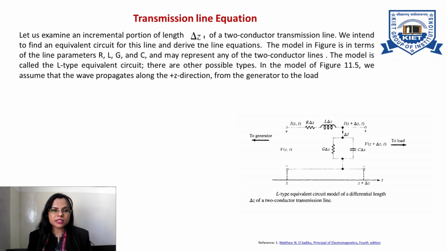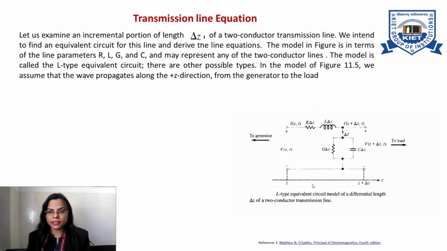The model is called the L type equivalent circuit. There are other possible types of the model. We assume that the wave propagates along the plus z direction from the generator to the load. So, here I am taking the equivalent circuit of the transmission line in the direction of positive z.